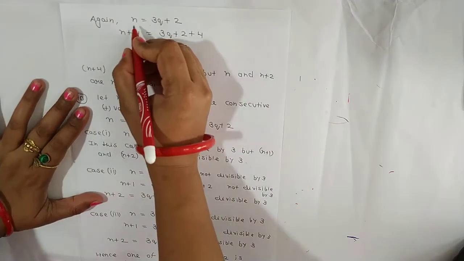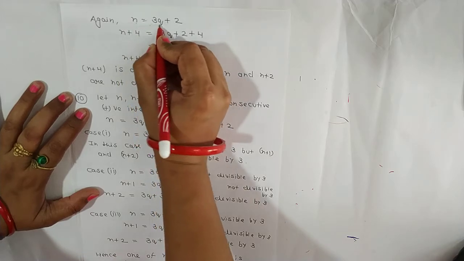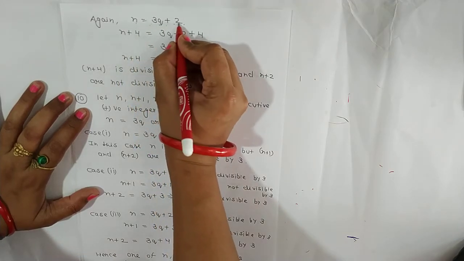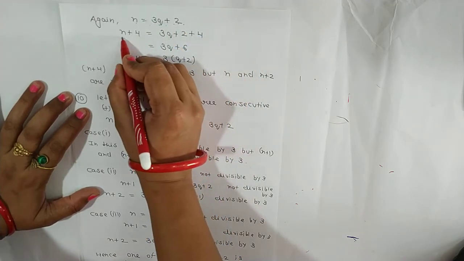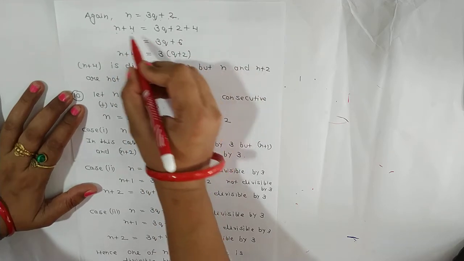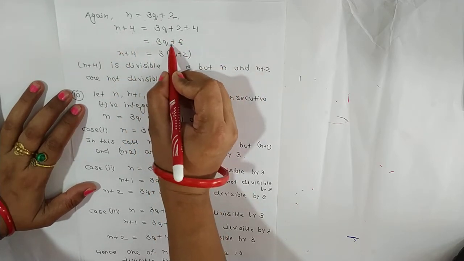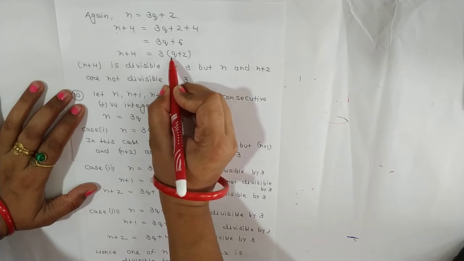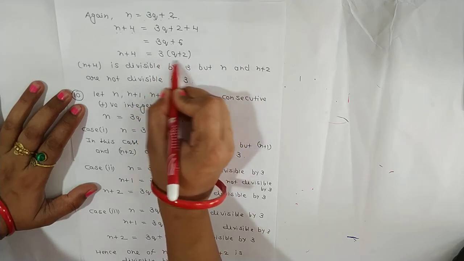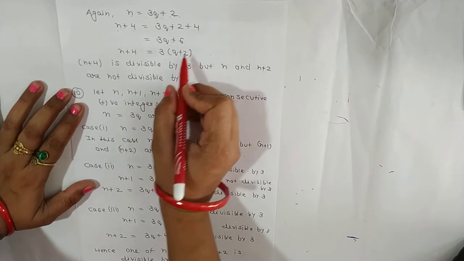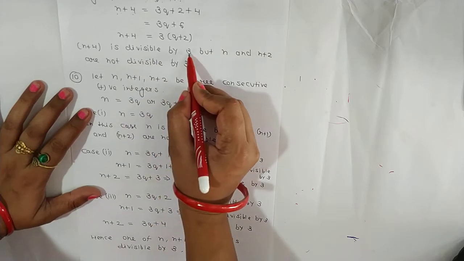Then when n is equal to 3q plus 2, we will find the value of n plus 4. So n plus 4 becomes 3q plus 6. Now 3 is common, so 3(q plus 2). So in this case the remainder is 0. It means we can say that it is divisible by 3.